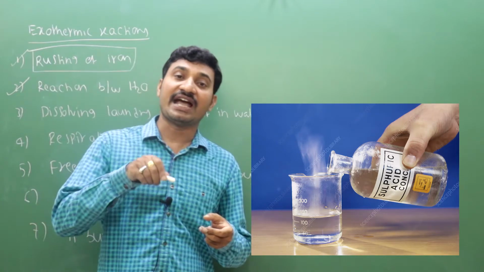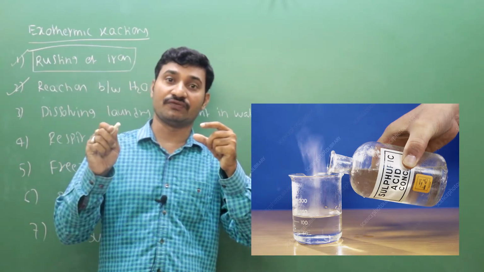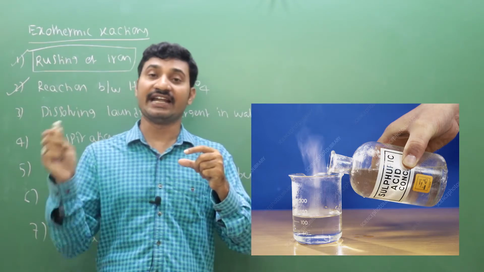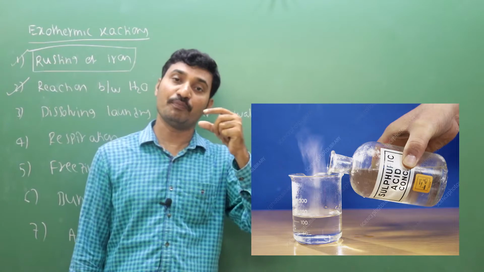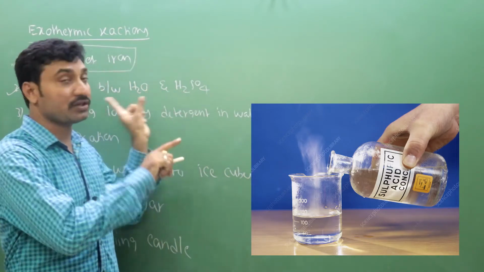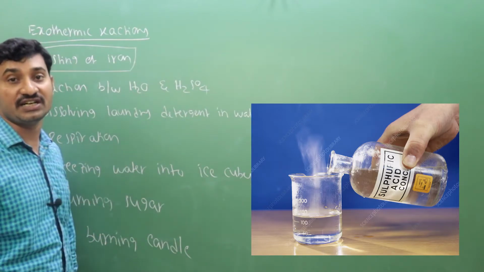So to prepare an aqueous solution of H2SO4, slowly add H2SO4 to the water. Don't add water directly to the sulfuric acid. Drop by drop you add sulfuric acid to water, because more heat is evolved otherwise.